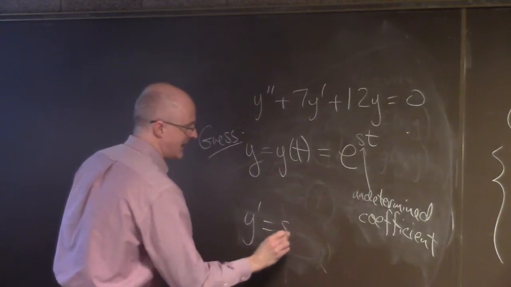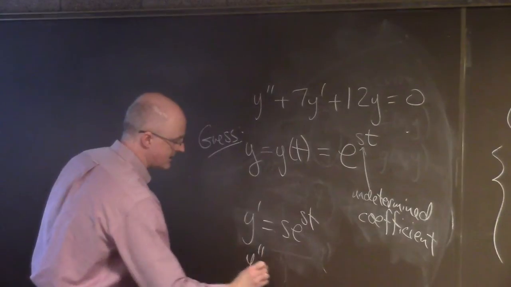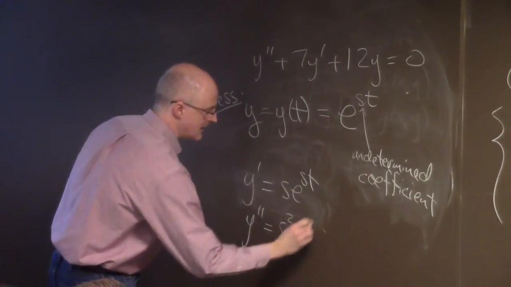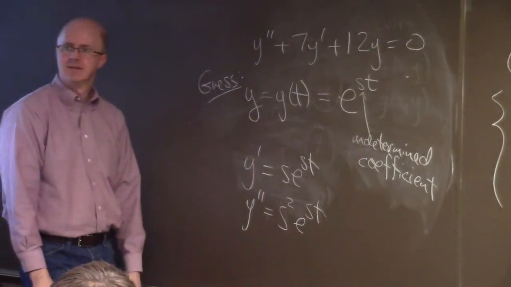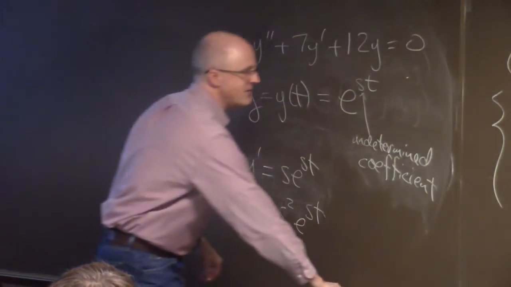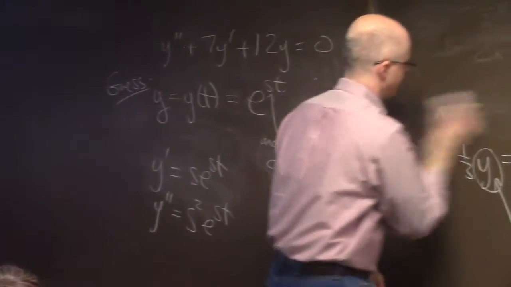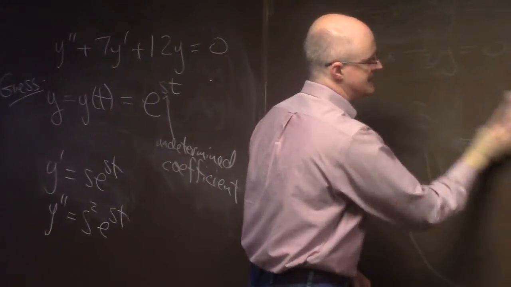Find its derivative. S is a constant. Use the chain rule. Find its second derivative. That's nice. Plug it into the left-hand side of the differential equation and see if there's some choice of S that will make it always equal to 0. And we will quickly see that there is.